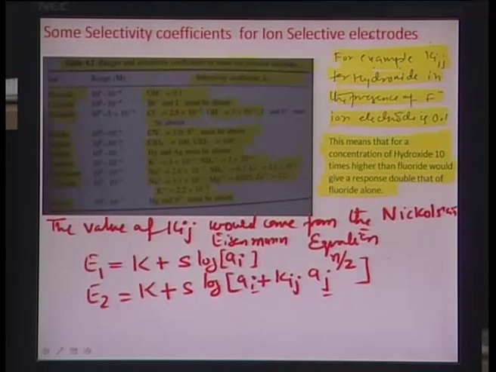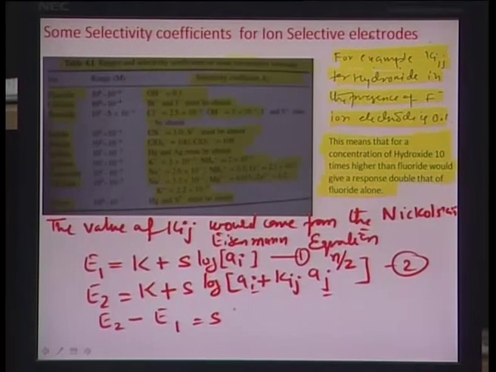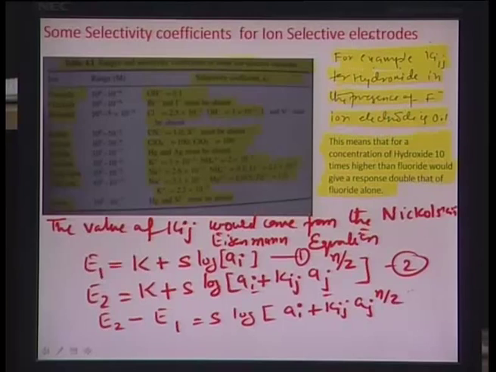N and z are of course the valencies on ion I and ion J respectively. So if you just try to calculate Kij here, it could come out from subtracting equation 1 from 2, and we can get E2 minus E1 is S log of AI plus Kij Aj to the power n by z, divided by AI.